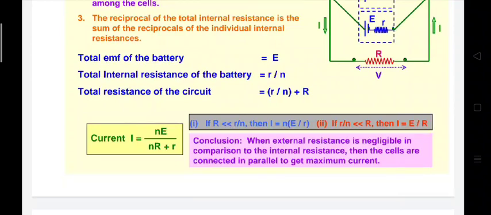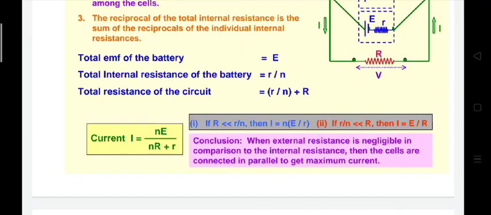Then there is a second condition. If the internal resistance is very large as compared to the external resistance, then in that situation we will ignore n into capital R, that is n into external resistance, and what we will get? We will get I is equal to nE upon r.